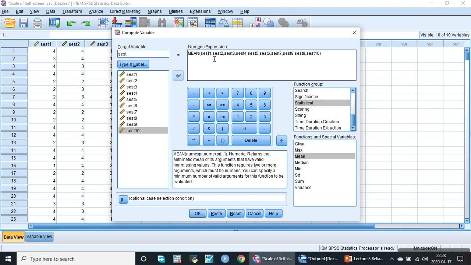Keep in mind that there should be a comma after each question. If by mistake you put a dot, then SPSS will not run the command. Click on OK.